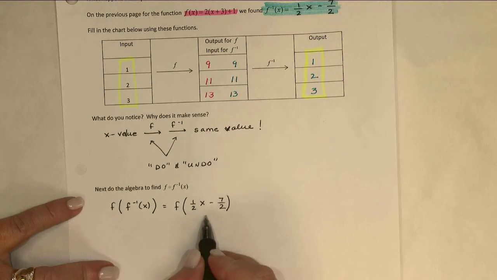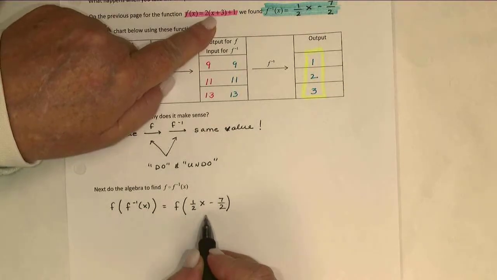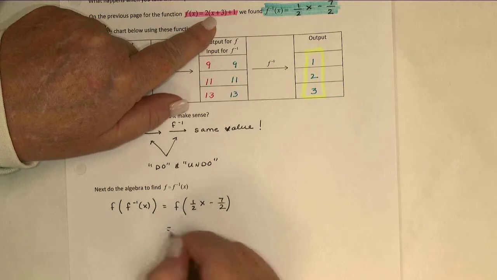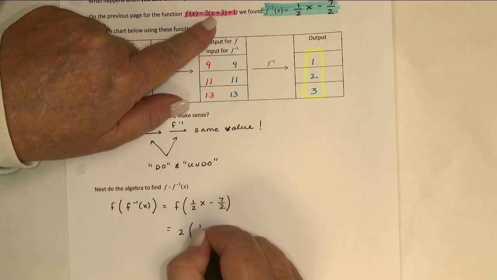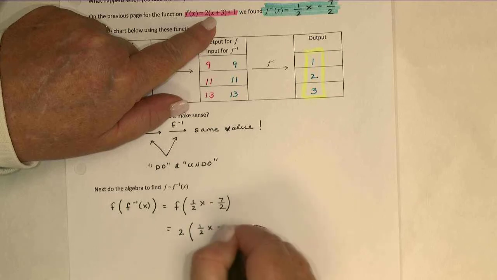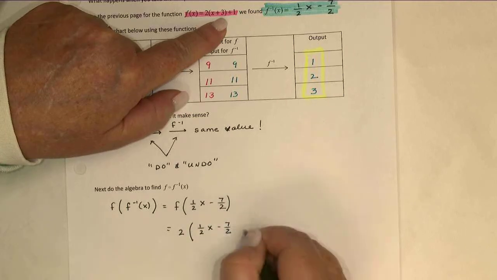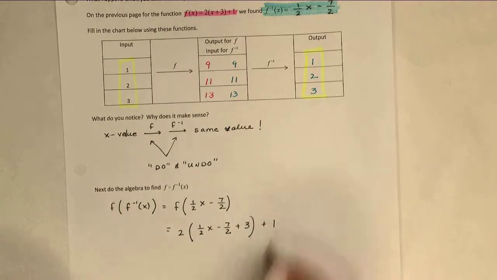And if I go ahead and plug the 1/2 x minus 7/2 in for that x right there, I'll have 2 times (1/2 x minus 7/2) plus 3, plus 1.